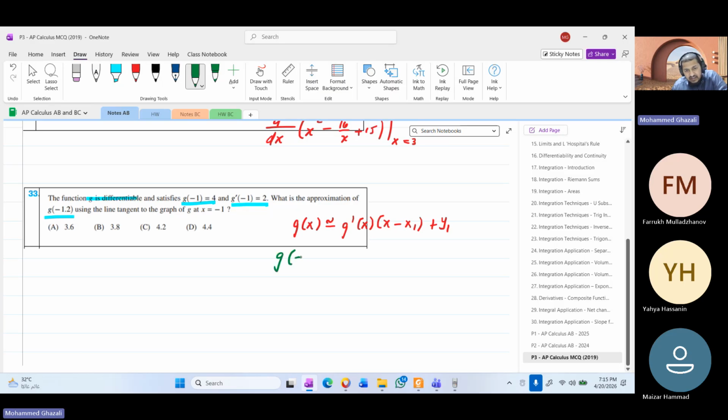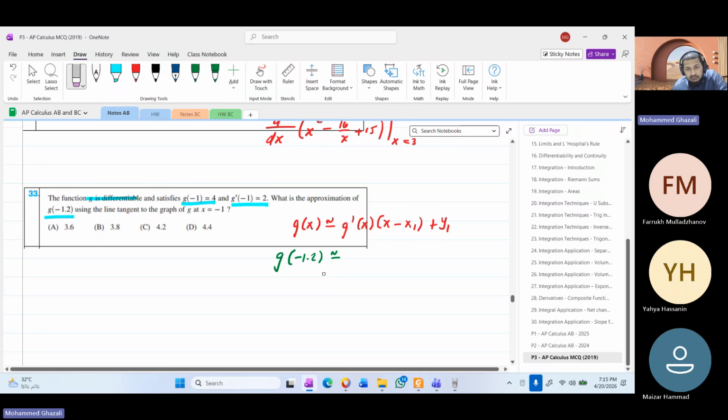So g of -1.2 is approximately equal to, what's g prime x? G prime, remember we're substituting, wait 1 second.